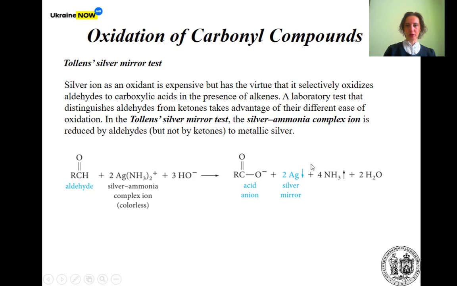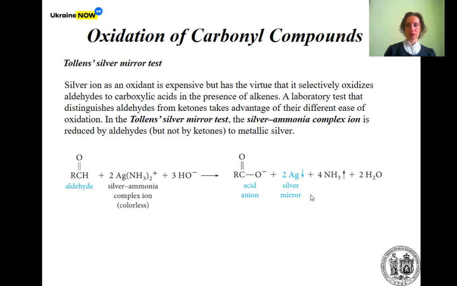This silver we can observe as a black precipitate, as we can observe as usual in case of formaldehyde, because it's a very active reagent, or it can be observed as a silver mirror on the tube walls. This reaction was used to make mirrors.